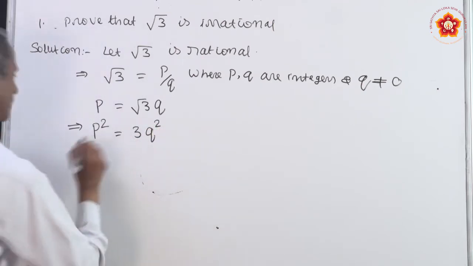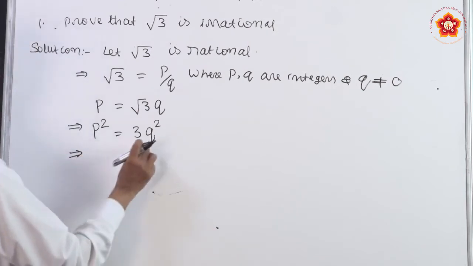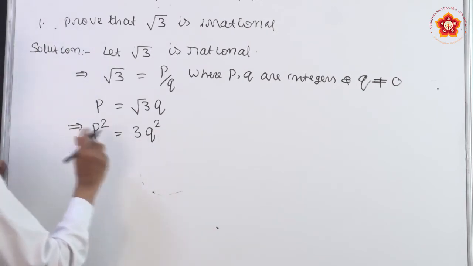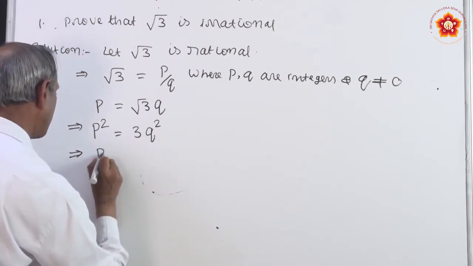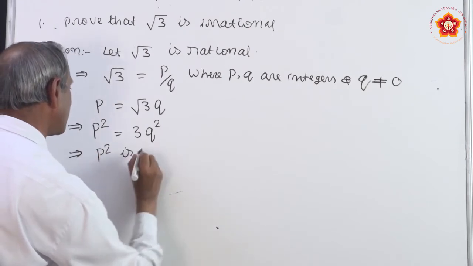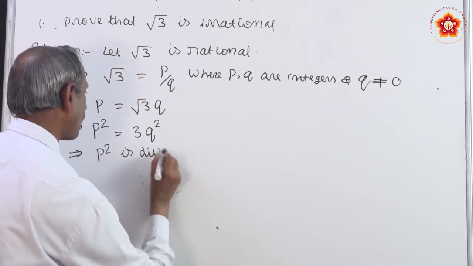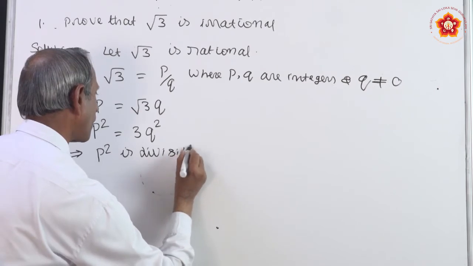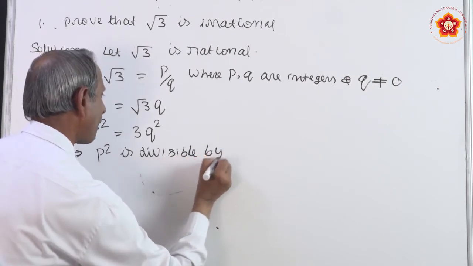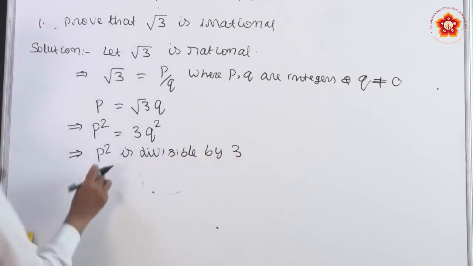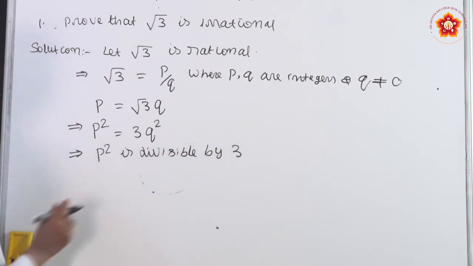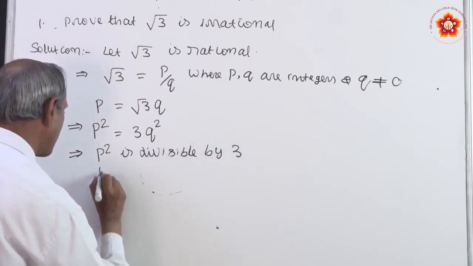That implies p square is divisible by 3. When p square is divisible by 3, that implies p is also divisible by 3.